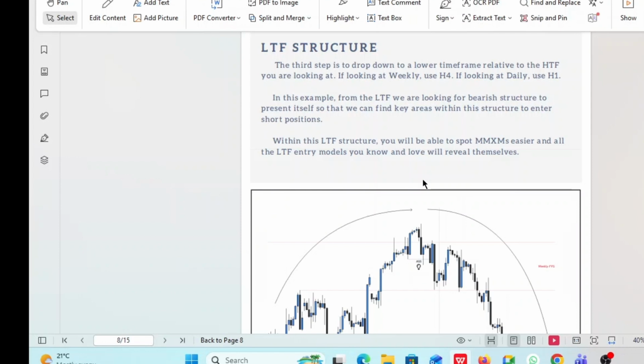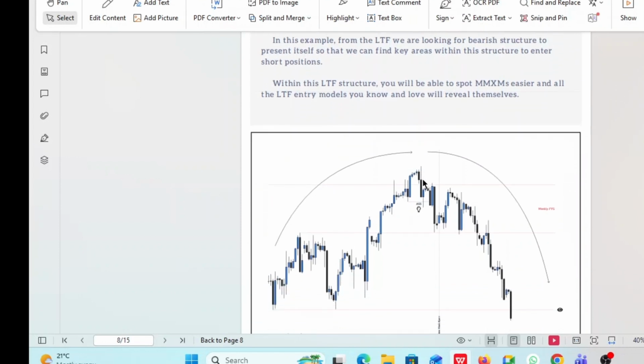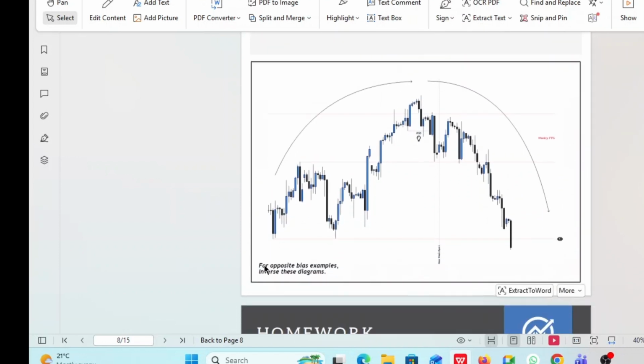Now we have this term. So look at this one. We have the opposite bias example. So the market was buying. Then from here, you look for the market structure. Then you look for entries. So the market was actually on a bullish trend. Then from here, there is a change of structure. I'll explain that in my next videos.